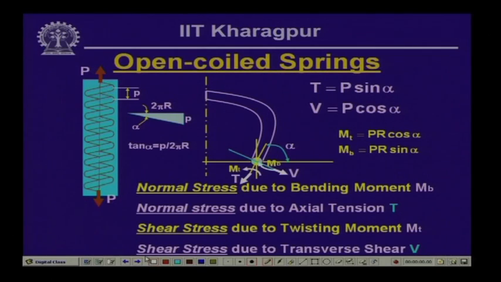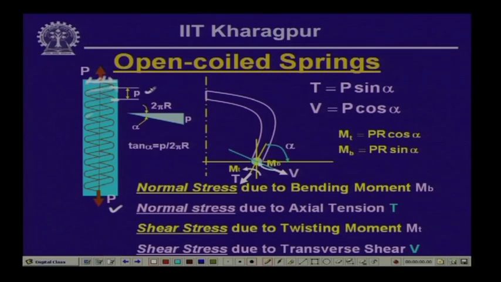As we had seen in case of closed coil springs, a spring is subjected to load P, and maybe the top is held against some support. Now, we define these as the helix of this spring, and we define the distance between the two helices as p.